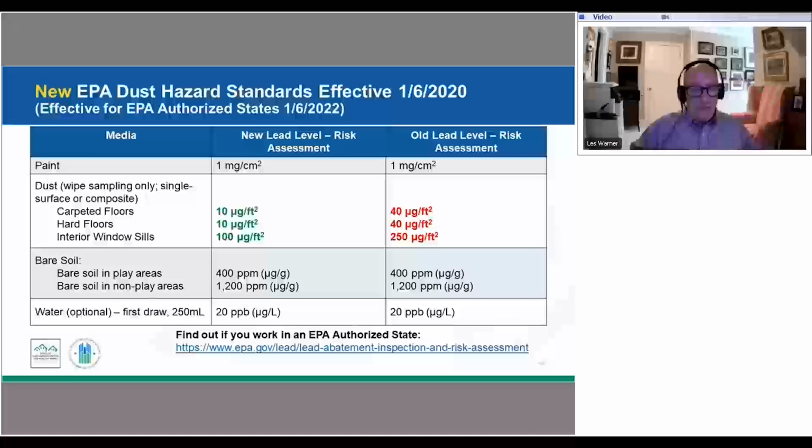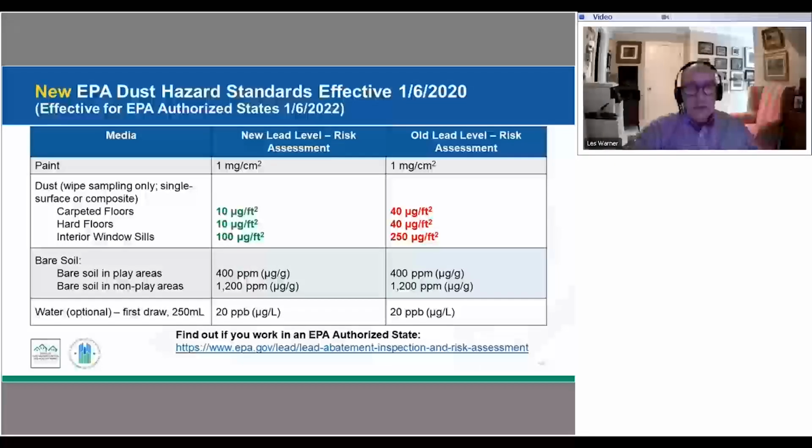Because children will have direct contact in that area, we have a lower threshold that's acceptable: 400 parts per million of lead. If we were looking at bare soil in a non-play area, then we'd have 1,200 parts per million.